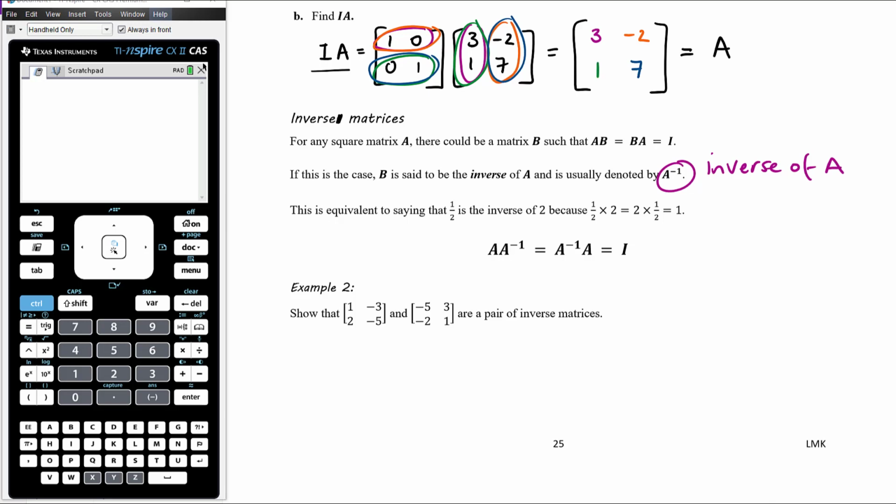It's sort of the same as in number world saying that half times 2 is the same as 2 times a half, and they give us 1. Half and 2 can be thought of as inverses. They're not really inverses, they're reciprocals when we talk about numbers. But essentially, when we multiply them together, we get 1, and that's an important tool when we're trying to solve equations. And the same is true, the inverse matrix will be similarly useful.